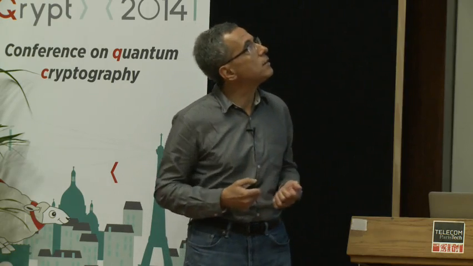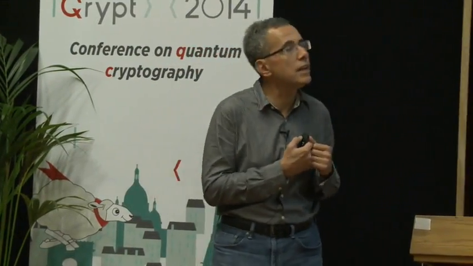So let me start by giving you a motivation. The background for this work is the use of single photons to link quantum nodes in a quantum coherent manner. You can say that there are two basic ways of doing this.